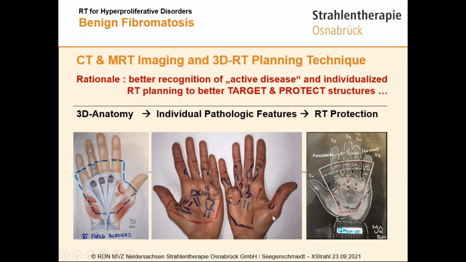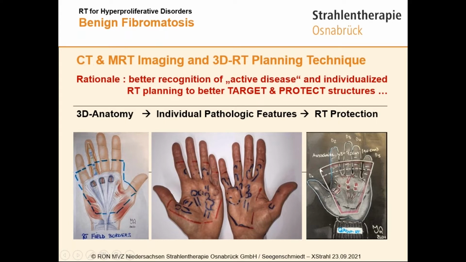On the middle graph, you can see a typical example of a man with a bilateral involvement, with the left hand being involved from the thumb to the small finger, so D1 to D5 area, while the right hand is only involved from D5 to D2, and the thumb is uninvolved.